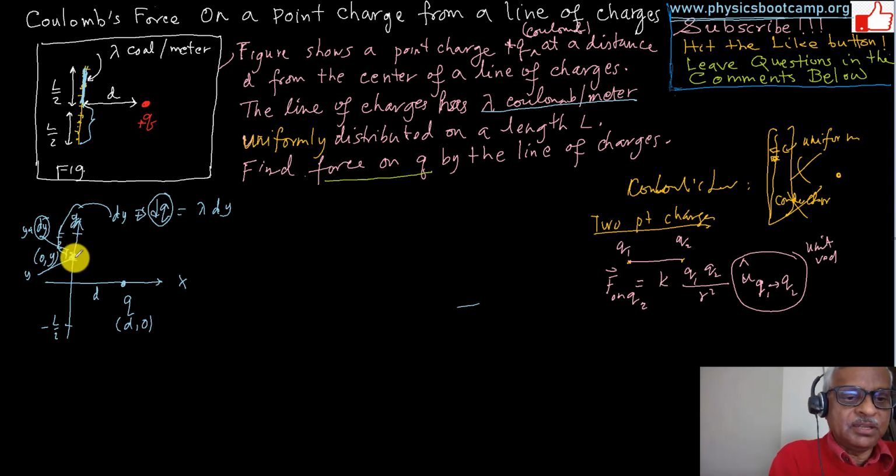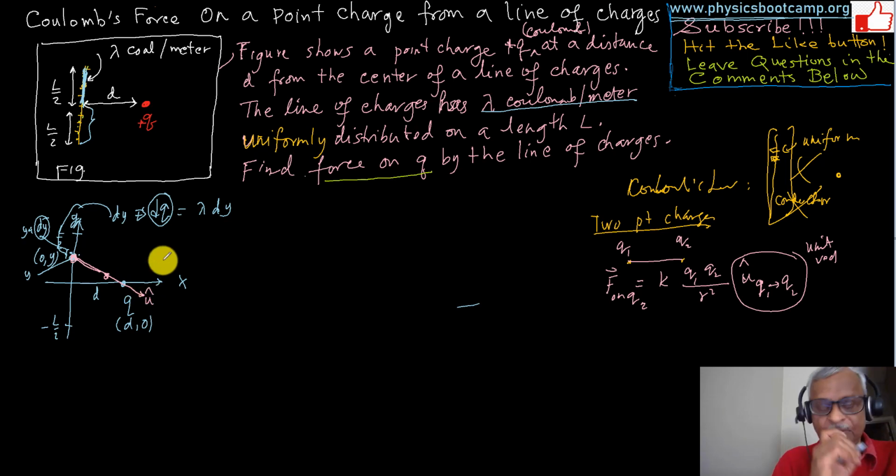Over here it will be either a unit vector this way or this way, one of these directions. I want from this to that, so the unit vector I want is in that direction. Usually you can say, just take positive to positive and see which way it will point.